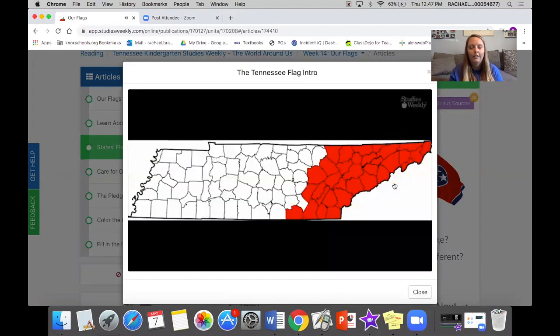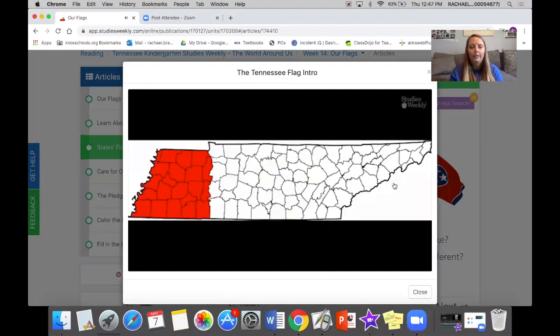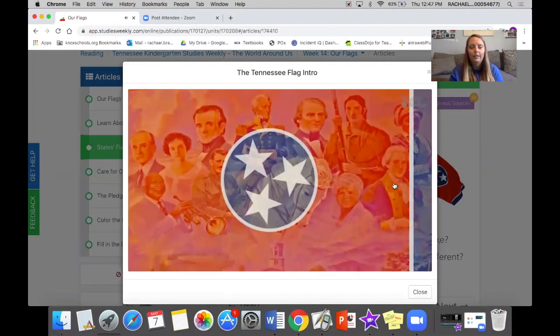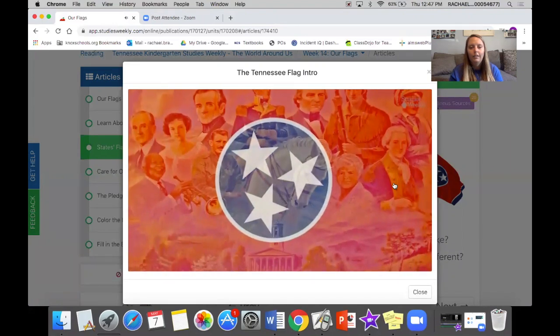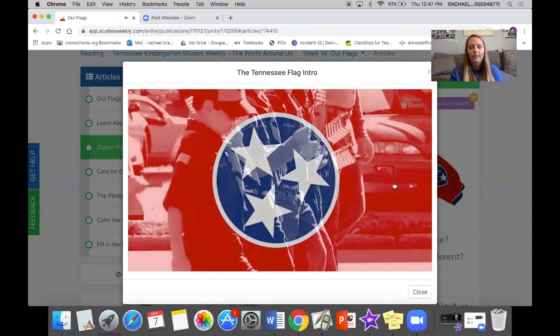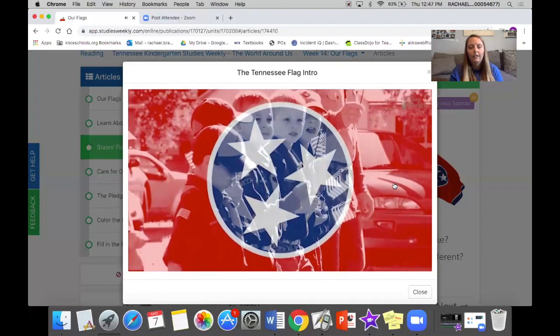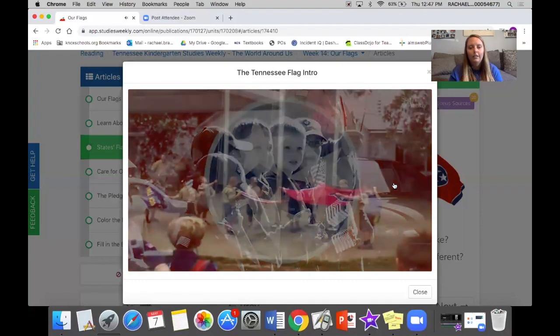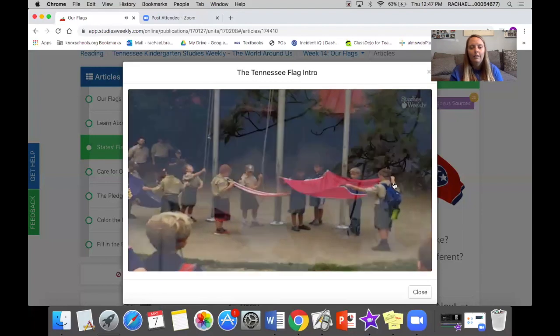The 3 white stars in the blue circle stand for the 3 grand divisions you just read about. The color blue is a symbol of the love we Tennesseans have for our state. The white band around the circle reminds us that even though we live in different parts of our state, we share a common culture. We should always respect our flag and make sure it's displayed correctly.